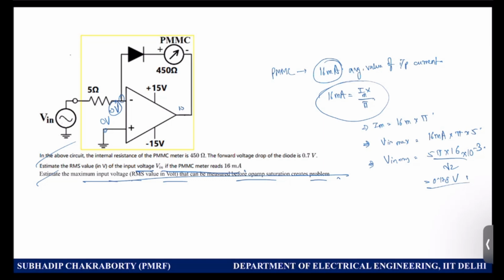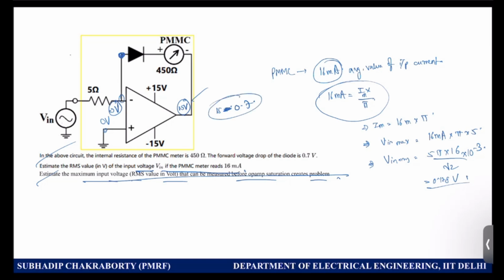So at saturation this is 15 volts. That is the average value, and if the voltage comes here as 15 minus 0.7, then after the drop it will come as 15 only.